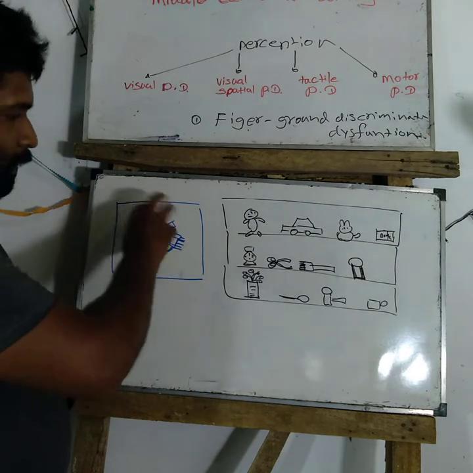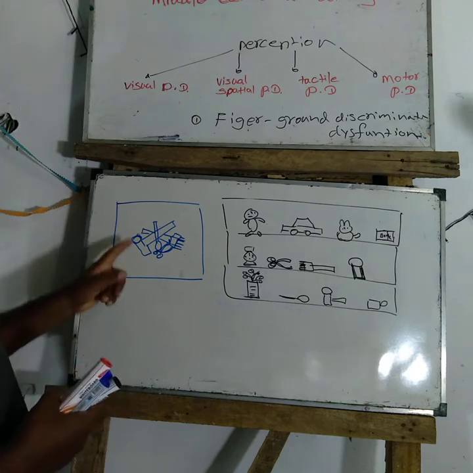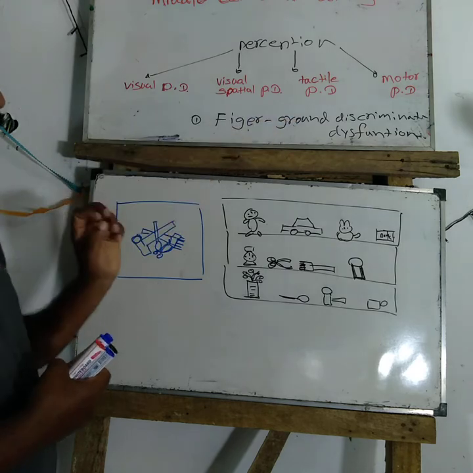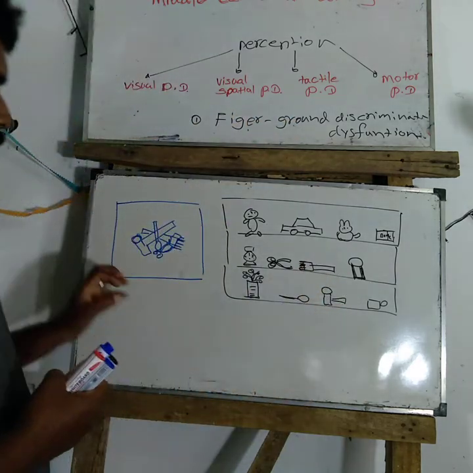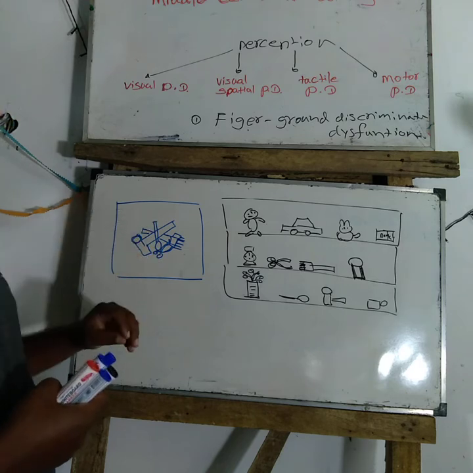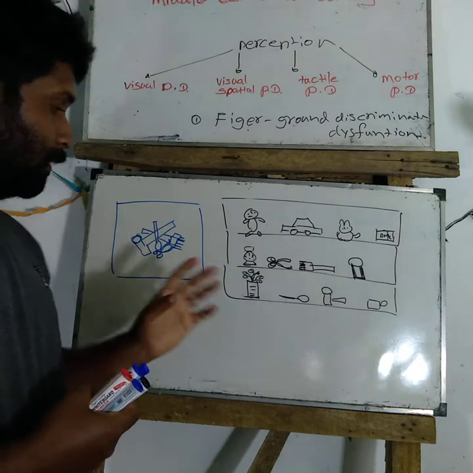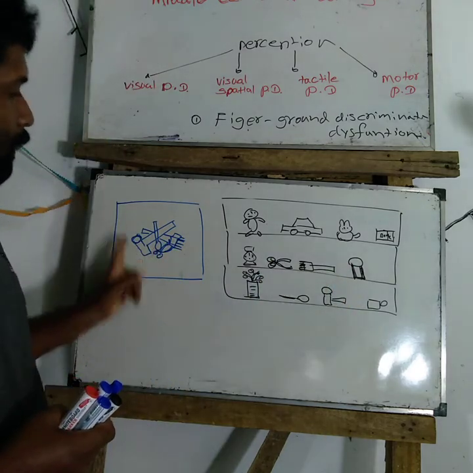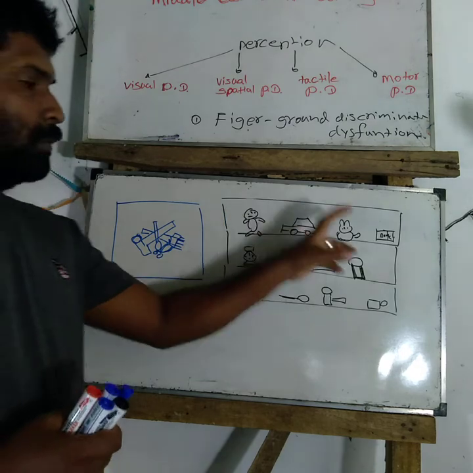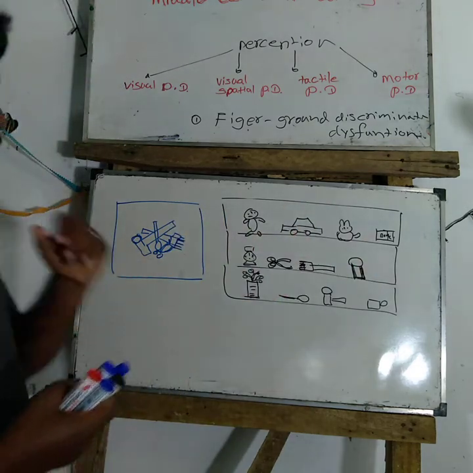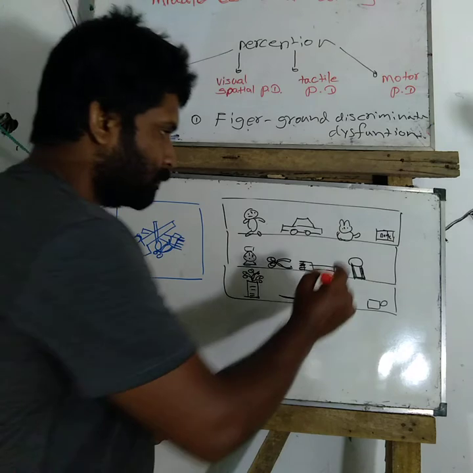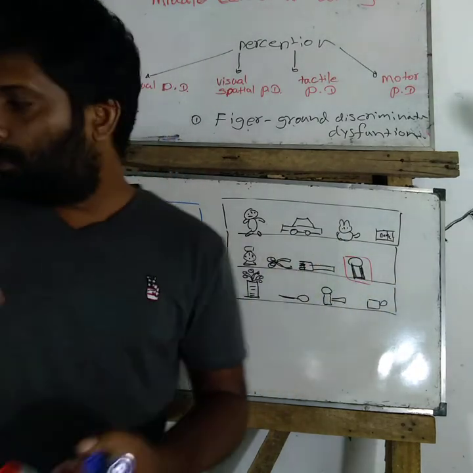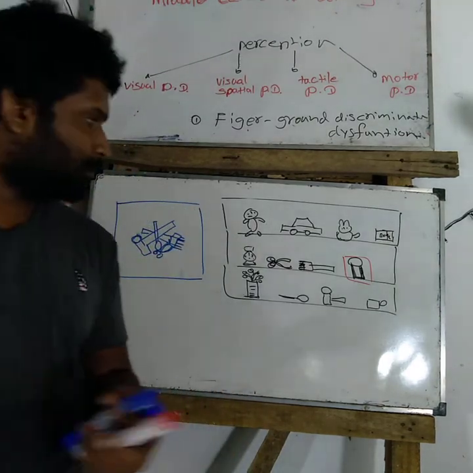A combination of all these equipment. There are 1, 2, 3, 4 equipment. But a patient with figure ground discrimination dysfunction can't tell these equipment. The 1, 2 he can tell, but all of the equipment he can't tell. Just another example of how to assess the figure ground discrimination patient. This is the 1, this is the 2.